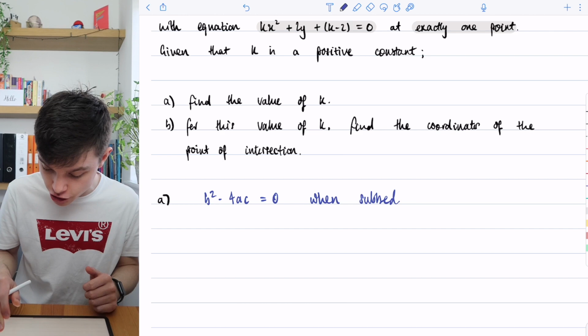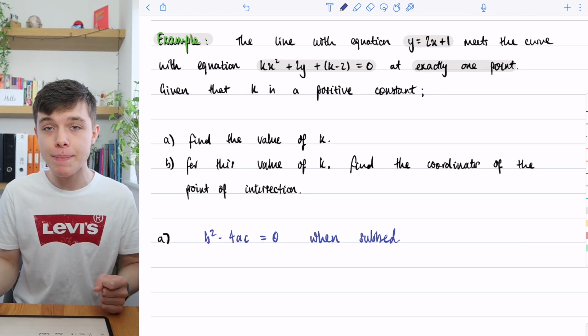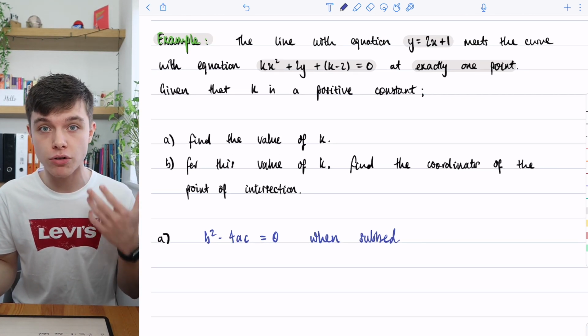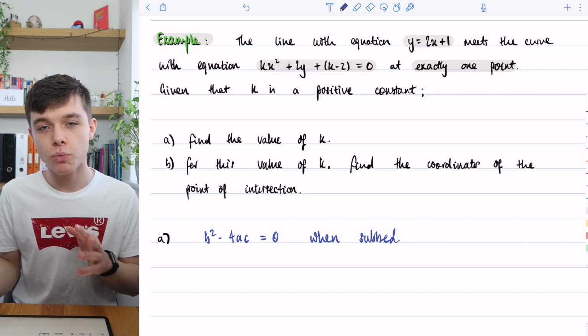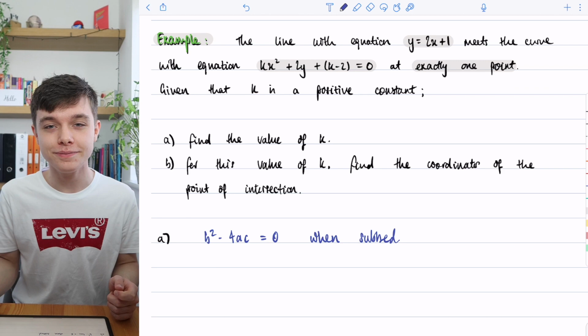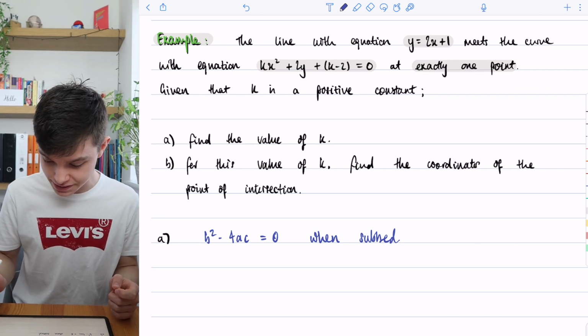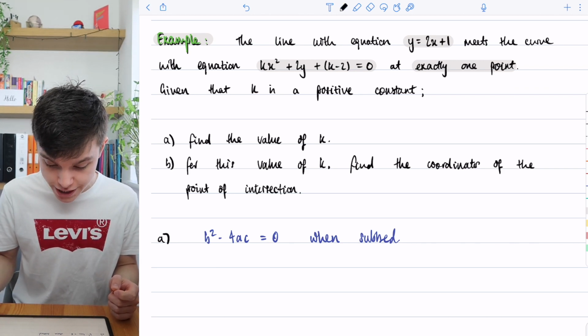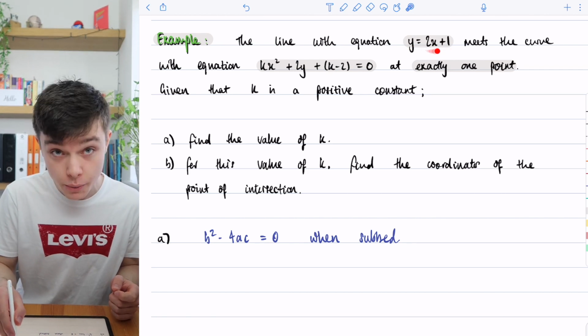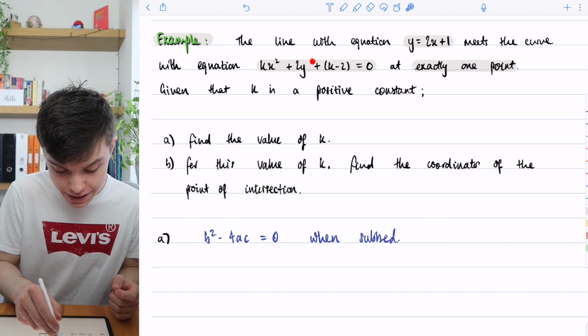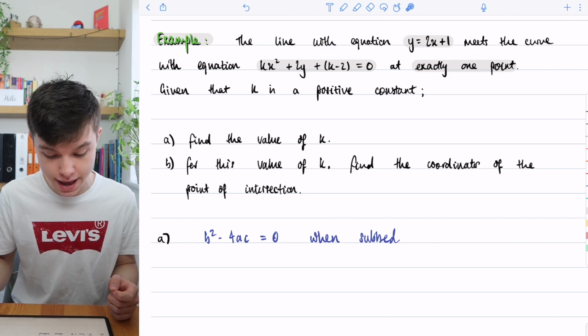Before I even start thinking about the discriminant, I'm going to come up with my quadratic. So pause and have a go if you want to. If you don't, we'll work through it right now. Let's see what the answer is. We need to substitute. I'm going to substitute y, which is equal to 2x plus 1, into this quadratic here.